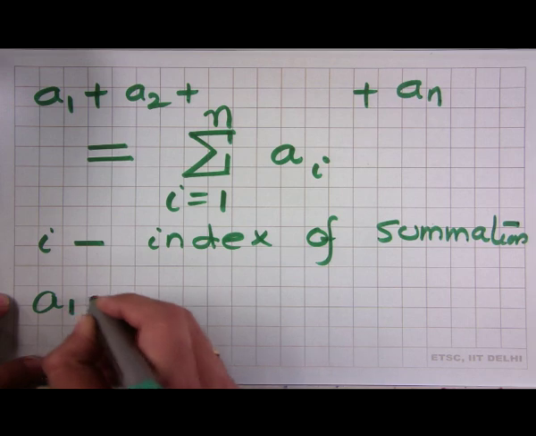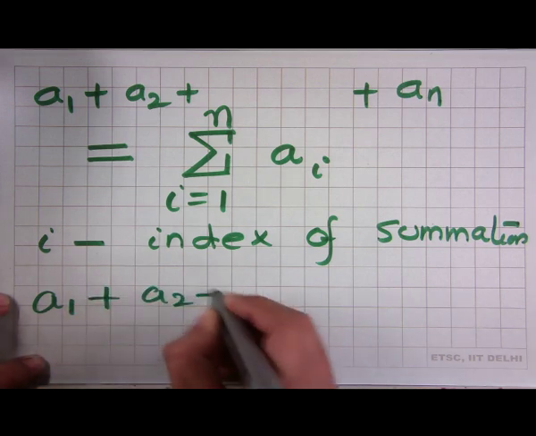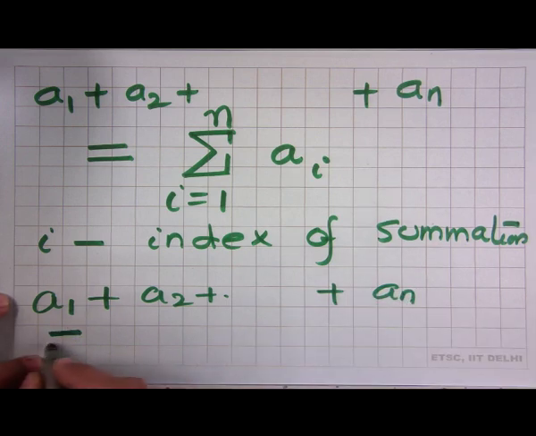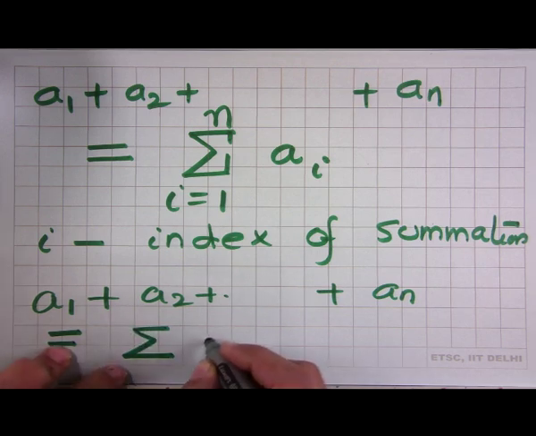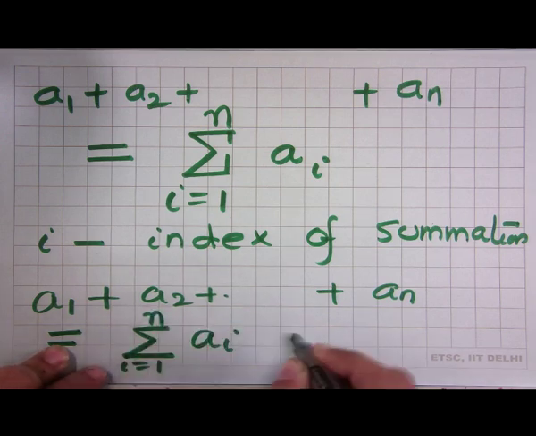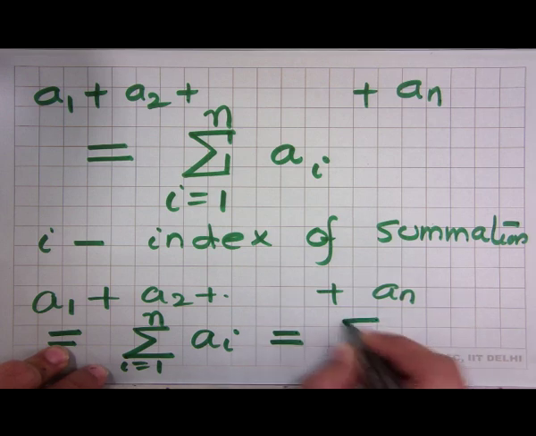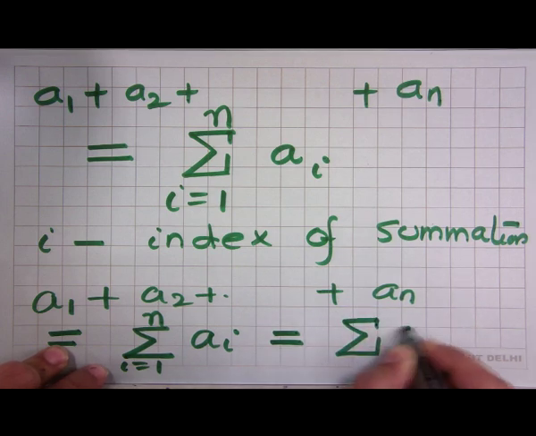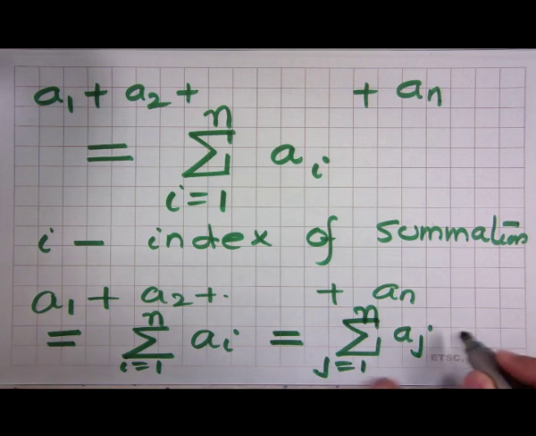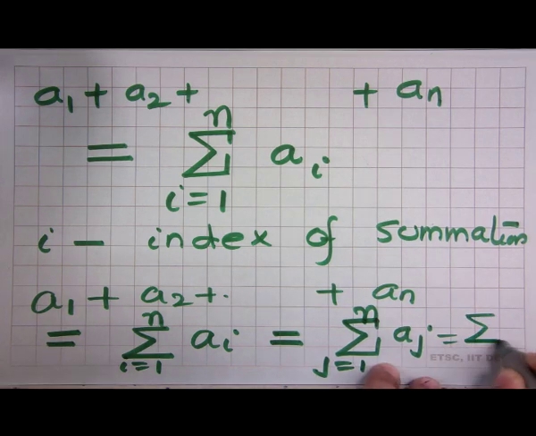The sum a1 plus a2 plus etc. plus an can be written in compact fashion using the sigma notation ai, i equal to 1 to n, or as summation aj, j equal to 1 to n, or as summation ar, r equal to 1 to n.